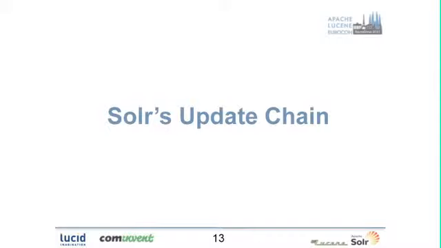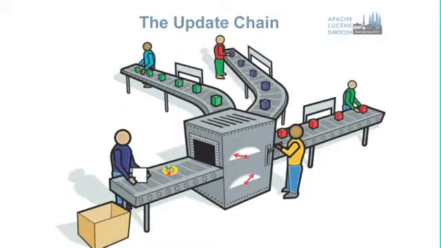But today we're going to talk about Solr's built-in capabilities, which is called the UpdateRequestChain, actually. So I like to use this analogy that you have some documents that you send in, these packages, and then you can select a pipeline, a conveyor belt, where these documents are going to pass through a number of processors, which are these people in this case, to modify the document for different situations.